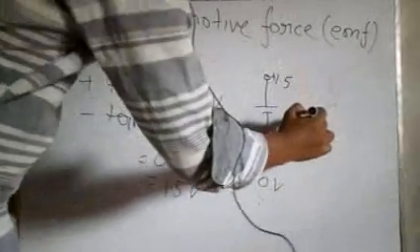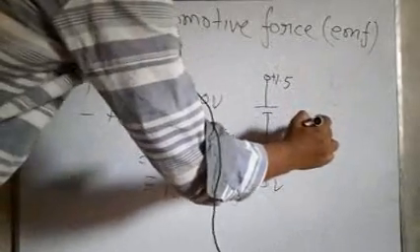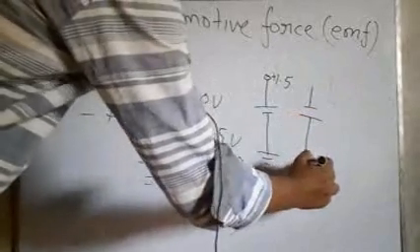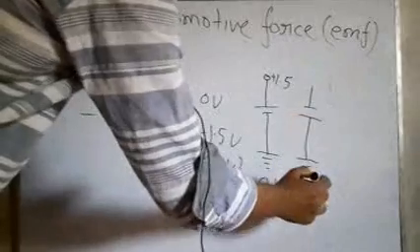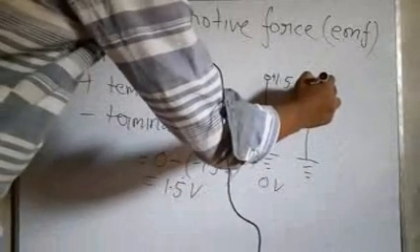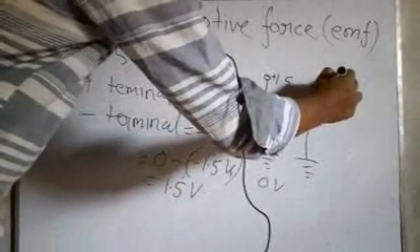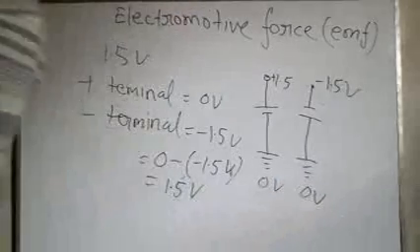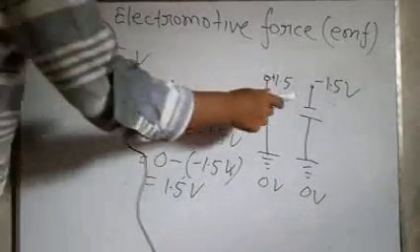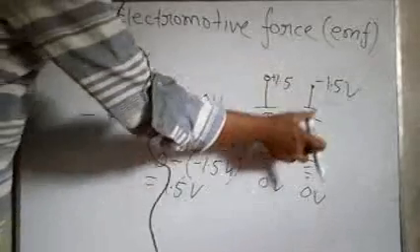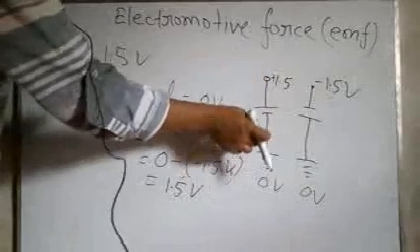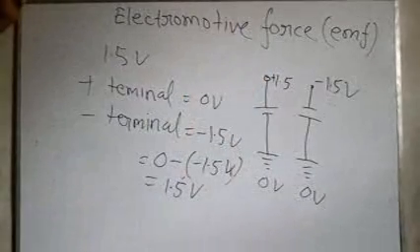And suppose the negative terminal is at minus 1.5 volt and the positive terminal is 0 volt. Then the potential difference between two terminals is 1.5 volt, and here also the potential difference between two terminals is 1.5 volt.